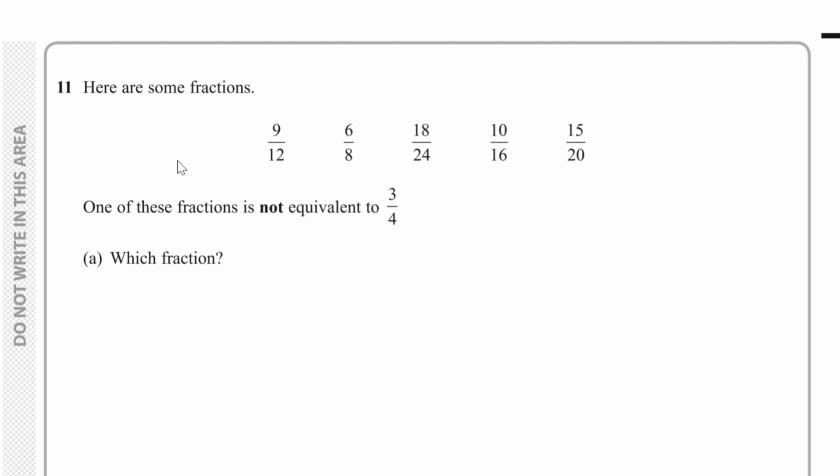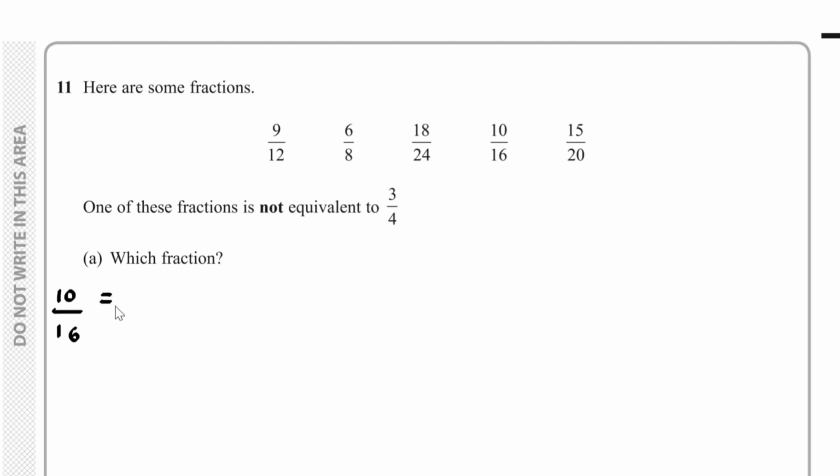Question number 11. Here are some fractions. One of these fractions is not equivalent to 3/4. Which fraction? Well, we have to see which fraction does not simplify to 3/4. And straight away, I can see that will be 10 over 16.